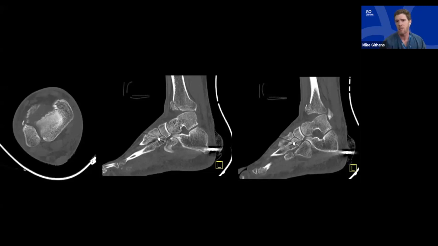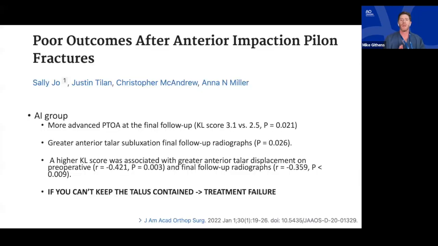And that's the case here, right? This anterior plafond, you can get a sense, is really pretty powdered. And we're going to have to try to maintain the station of the talus under the plafond by reconstructing this powdered bone.